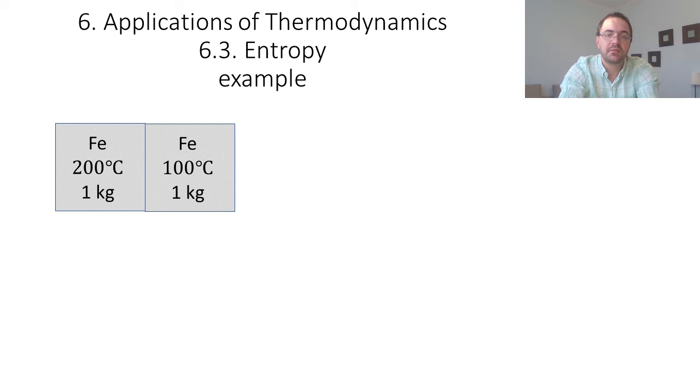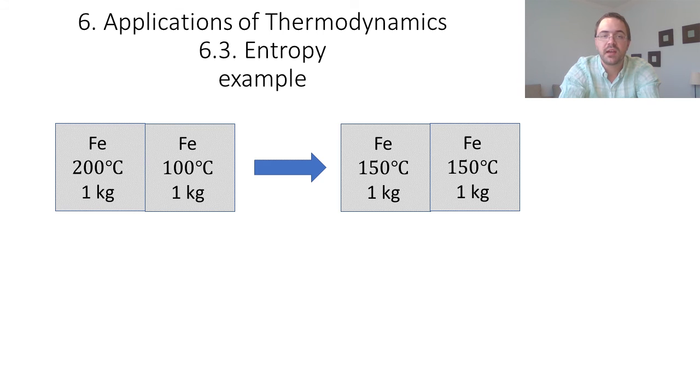You know that they will exchange heat with each other, and eventually they will reach thermal equilibrium, both at 150 degrees Celsius. And you also know that this is not a quasi-static process because all the steps in between are not in quasi-equilibrium. In the previous example, it was because we have a difference of pressure, and in this example, it's because we have a difference of temperature.